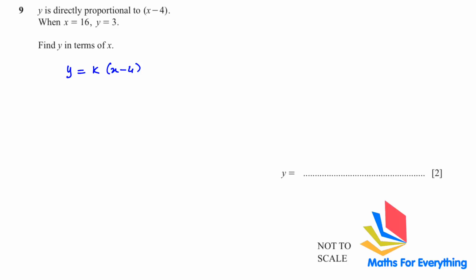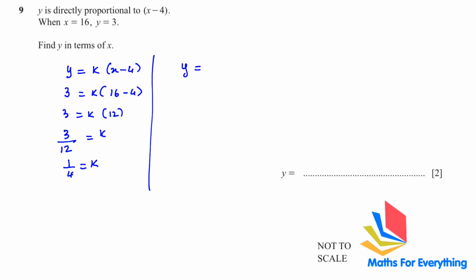Your x and your y values have been given to you. So substitute that. Y is 3 and x is 16. So that will be 16 minus 4 is 12. This is a multiply. When I move to the other side, it will be a divide. So your k is 1 over 4.